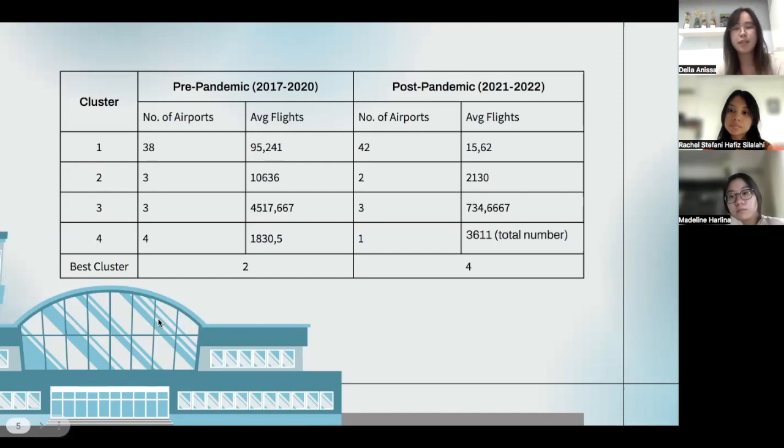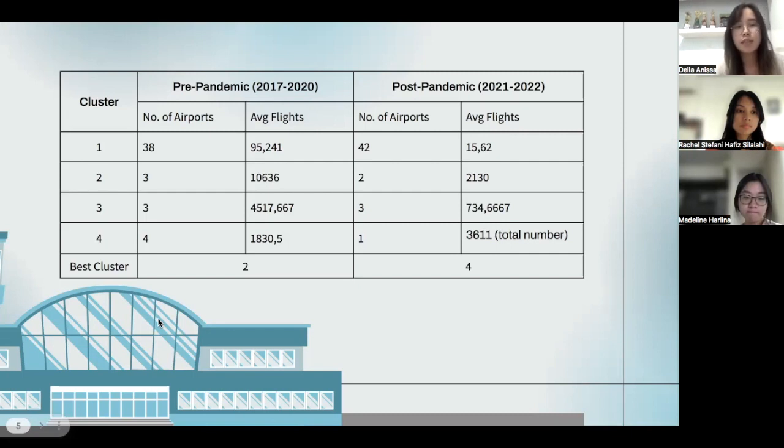However, the flying pattern experienced a decline right before the pandemic, as seen by the reduction in the number of flights to Juanda Airport in 2019 and 2020. Even still, Juanda Airport is seeing a disproportionately larger volume of flights compared to other airports.